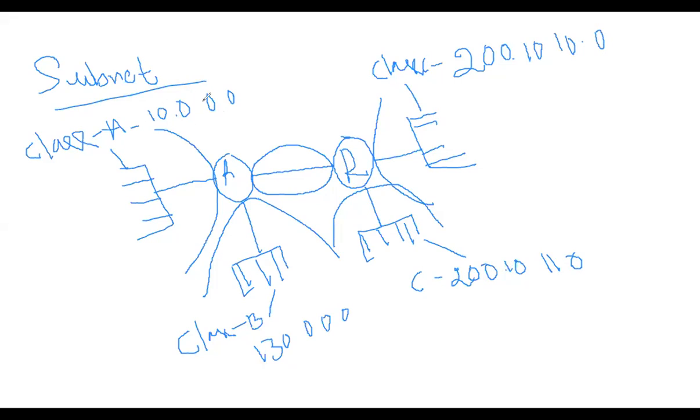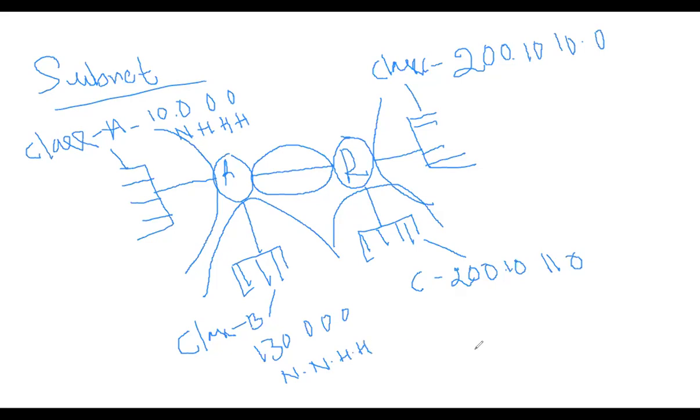Got it? How are we going to identify the network ID for class A? The first octet is reserved for network, and the remaining octets are reserved for host for class A. For class B, 2 octets are reserved for network and the remaining 2 are reserved for host.